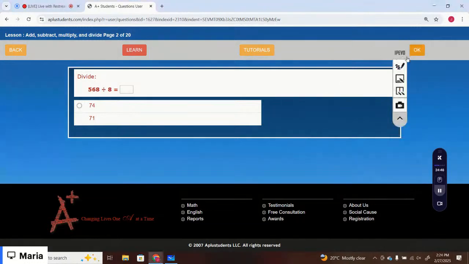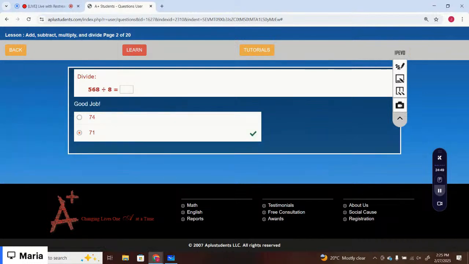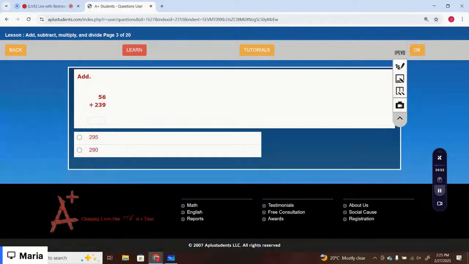Option number 2 is the correct option. 71 it is. Add 56 plus 239, which is the correct option.